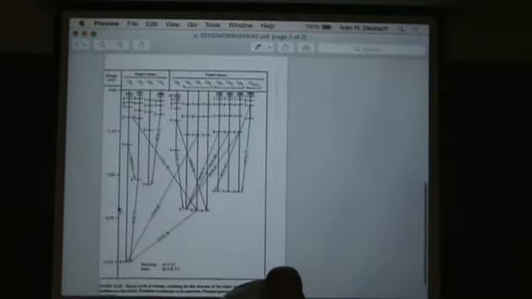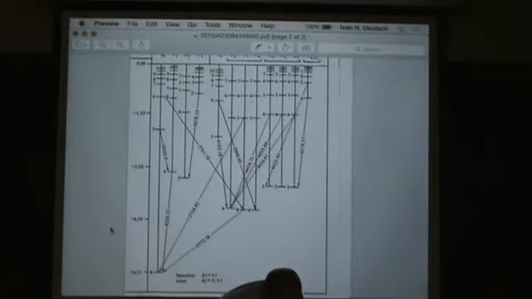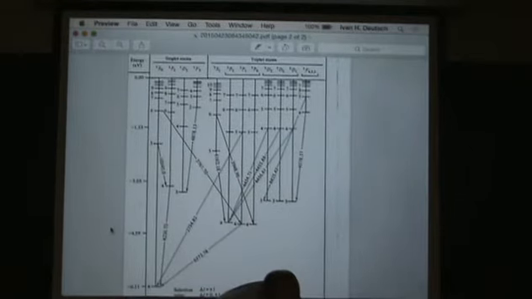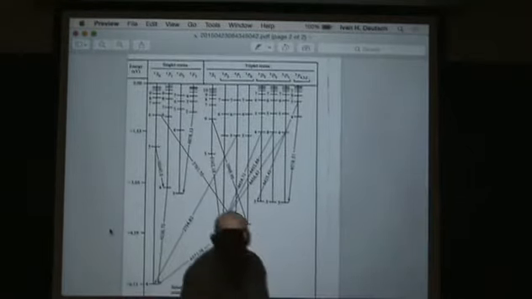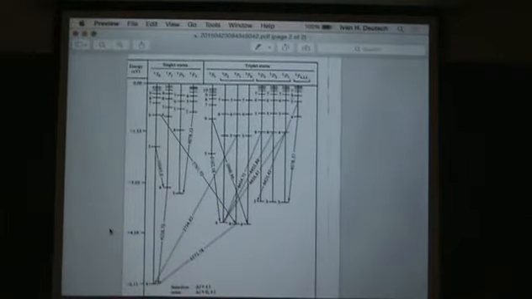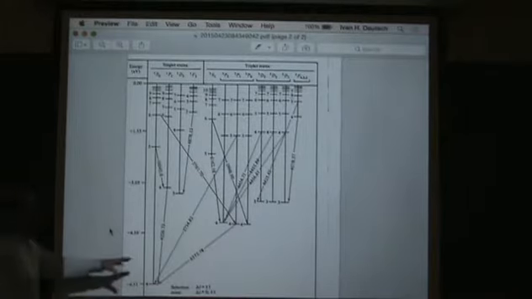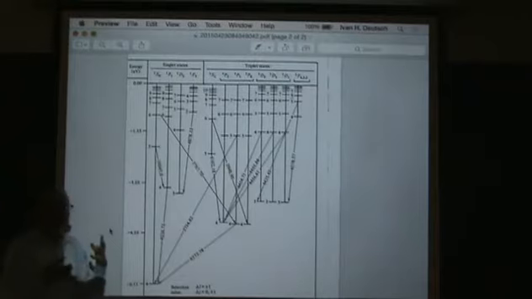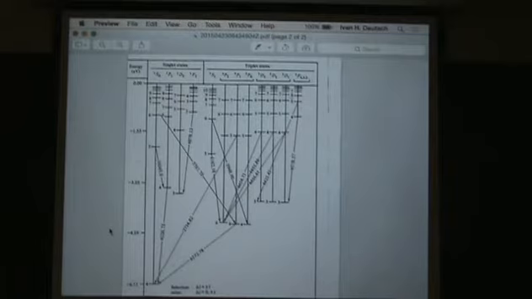Just as a comparison, this is calcium. So calcium is a group 2 element. And what we see here is the spectra. And in the bigger atoms, because there are more relativistic effects, there's more mixing of singlets and triplets.